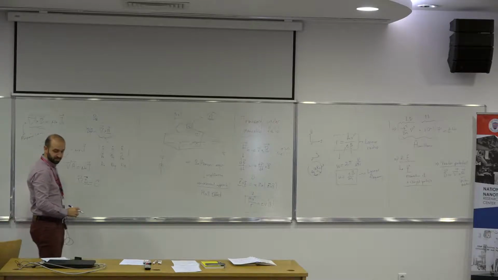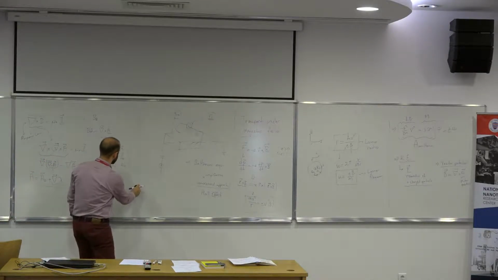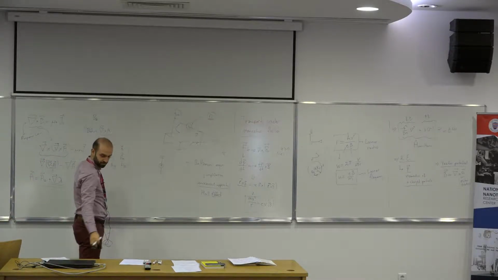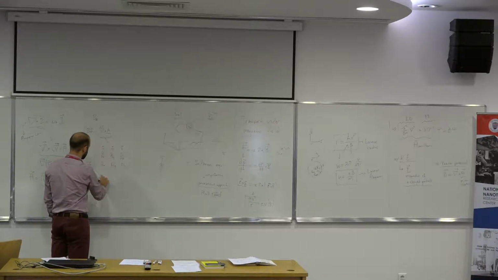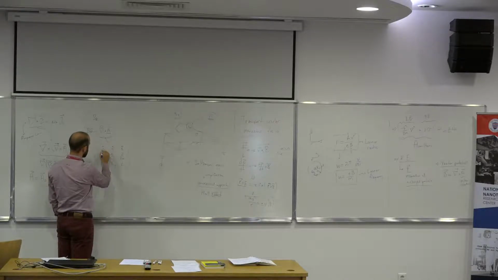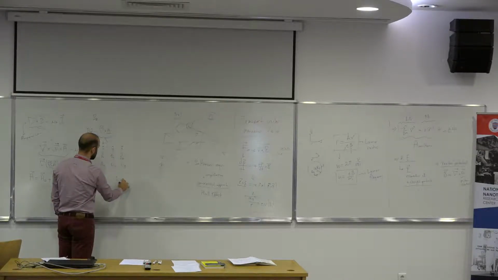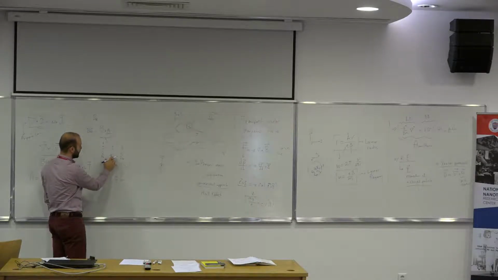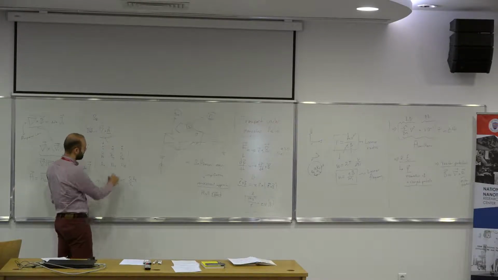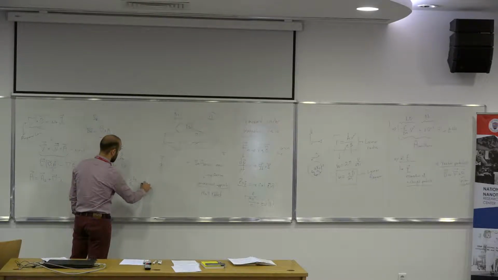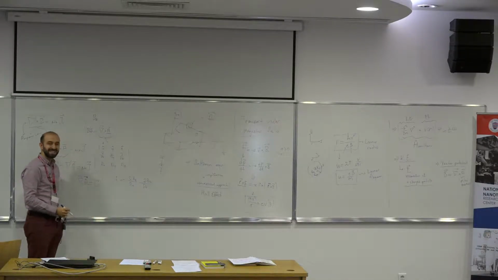So to find, for instance, the X component of this curl operation, I'm going to find out the X hat component. So what I will get is del Y AZ minus del Z AY. So this is the X component.